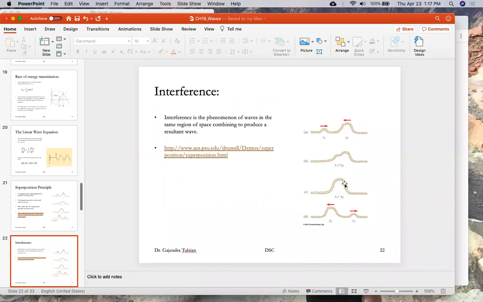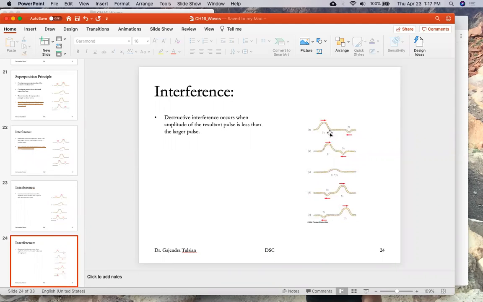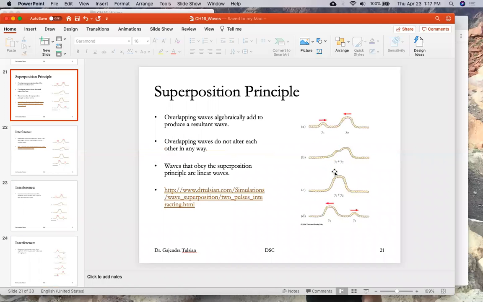Okay. And if the pulses have opposite signs, then at that location, you see the resultant pulse is smaller than the largest pulse. Anyway, you can do this with as many waves as you want.